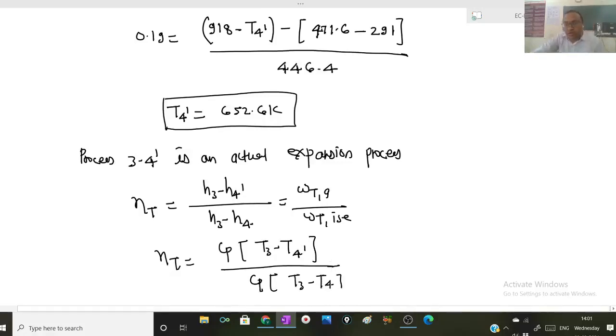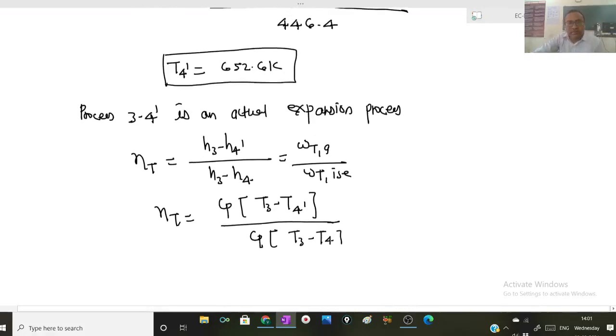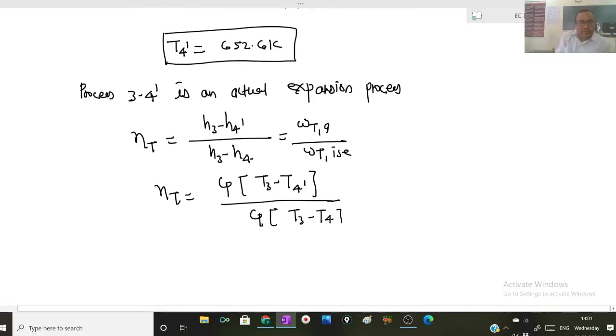Let us put all the values of temperatures. T3 is 918 minus 652.6 over 918 minus T4, which we had calculated earlier, 617.8.